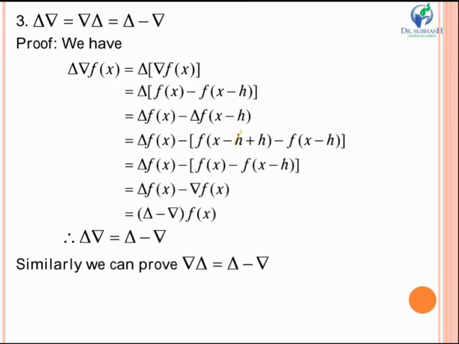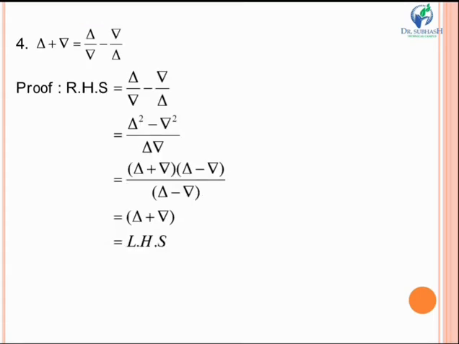Now this h will get cancelled, so you just get f(x) and the rest terms will be as it is. Now again you know that this formula is of nabla f(x). So delta f(x) minus nabla f(x), again you take f(x) common over here, so you get delta into nabla equal to delta minus nabla. In the same way you can prove this other part, right? Now let us take one more proof.